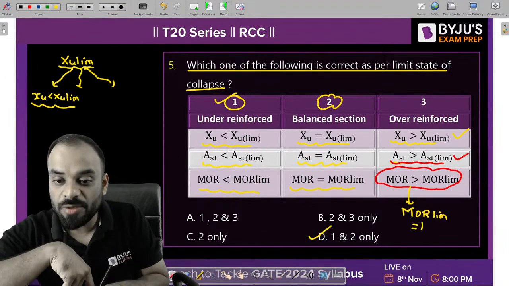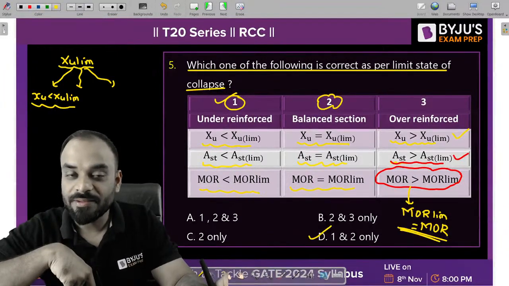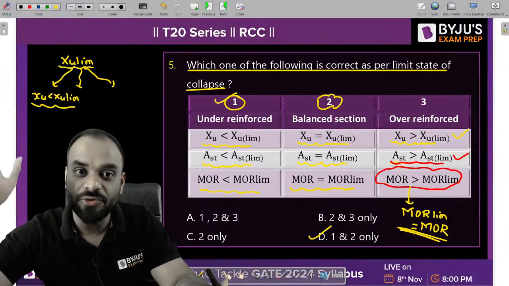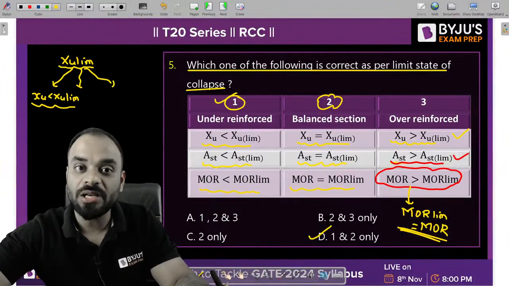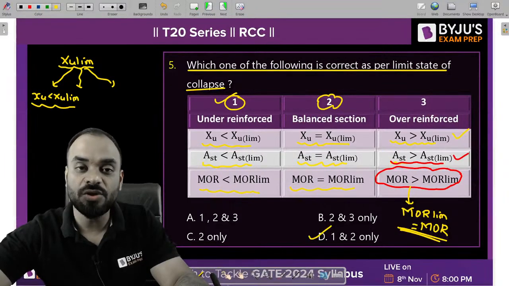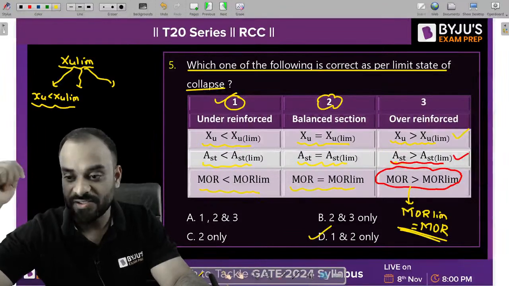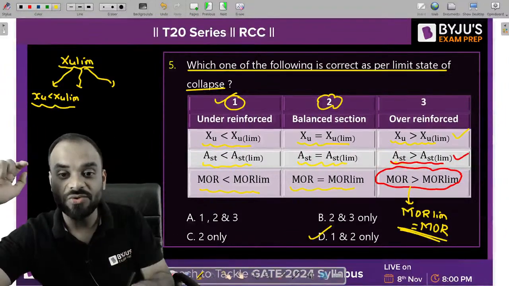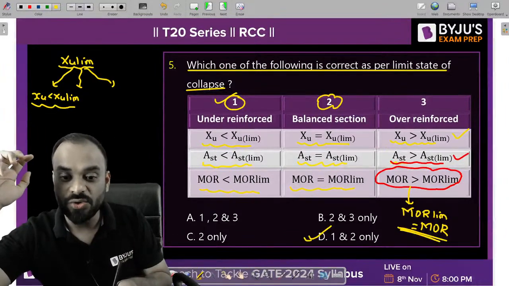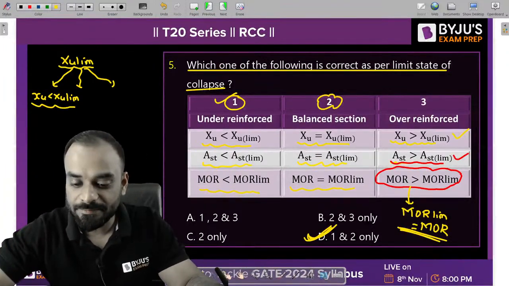So MOR of limiting is equal to MOR for over reinforced section. Do you remember this? The moment of resistance for over reinforced section is always equal to MOR of limiting section, right? It is not possible to have greater moment of resistance as compared to the limiting section, right? That's why, guys, only 1 and 2 options are correct, and that's why D is the correct answer for the problem. Crystal clear?